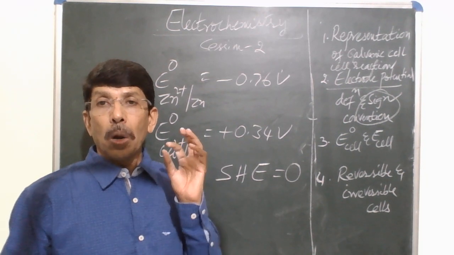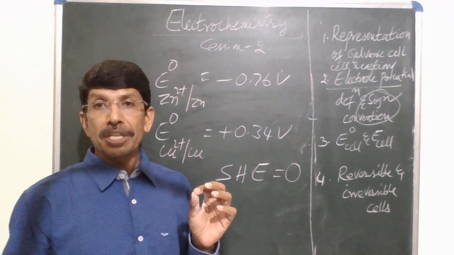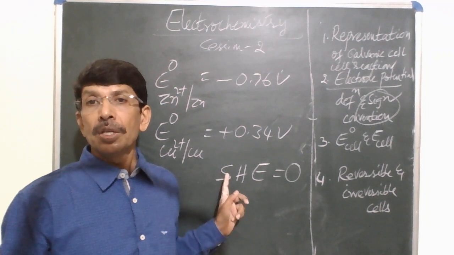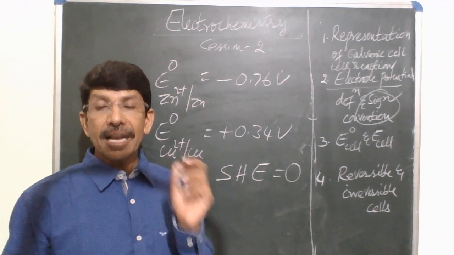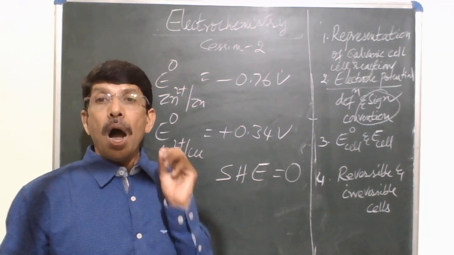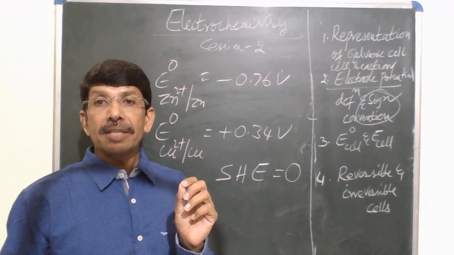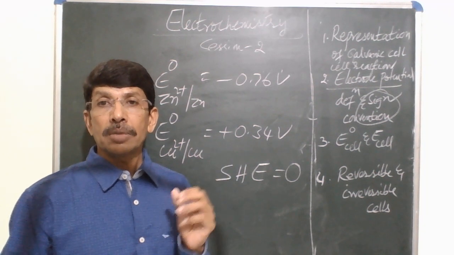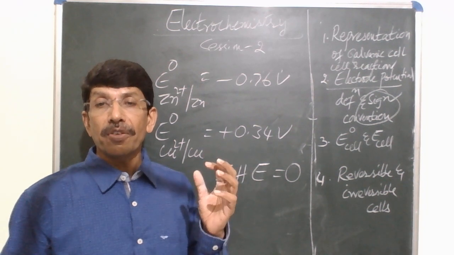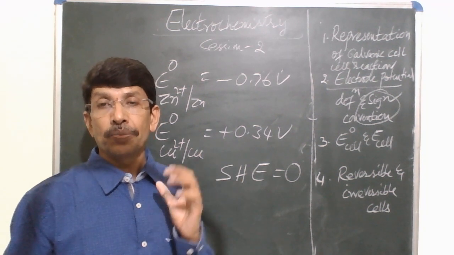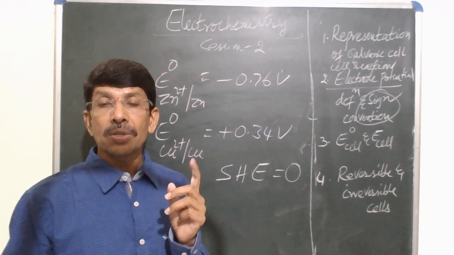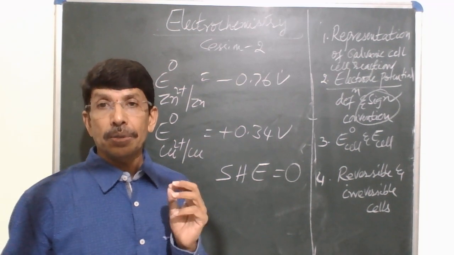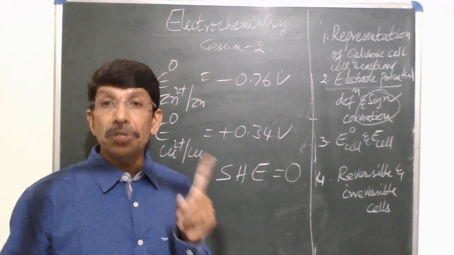So, all the standard electrode potentials are measured using the standard hydrogen gas electrode. And since the standard hydrogen gas electrode potential is not known, it is assumed to be 0. That's why it's called a primary reference electrode. So the standard hydrogen gas electrode is called the primary reference electrode, and its potential is assumed to be 0.